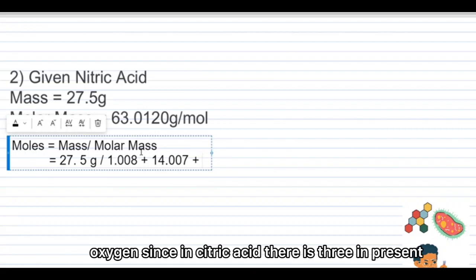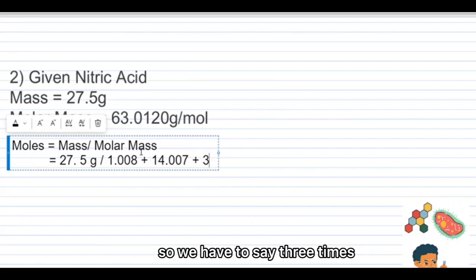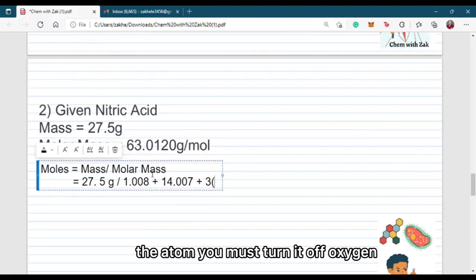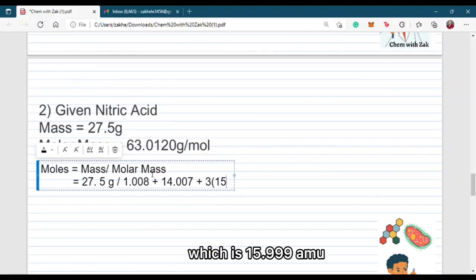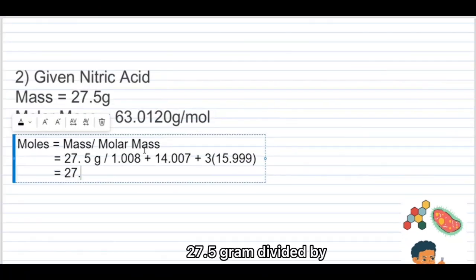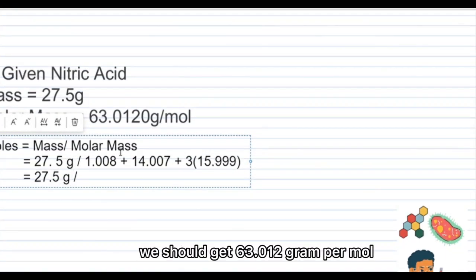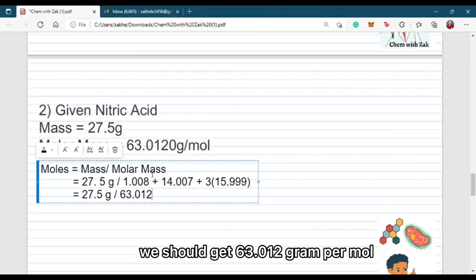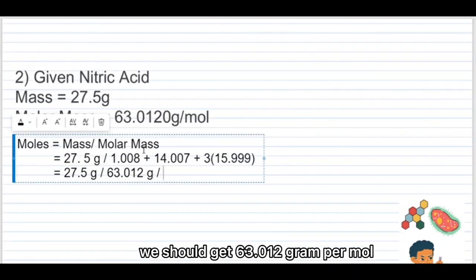Since in nitric acid there are 3 oxygen atoms present, we have to say 3 times the atomic mass unit of oxygen, which is 15.99 AMU. So we're now moving on. 27.5 gram divided by, when we add up all of this, we should get 63.01 gram per mole.